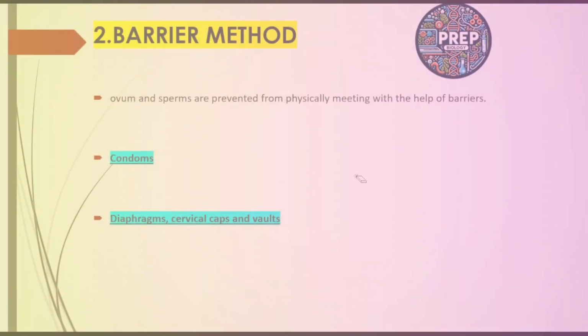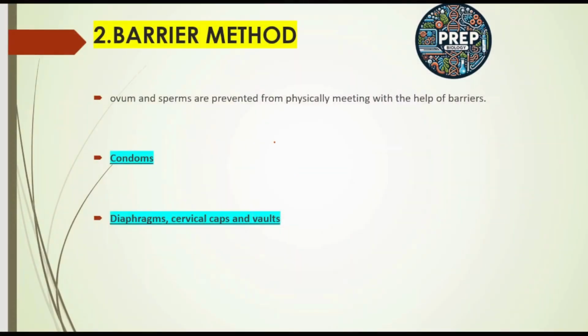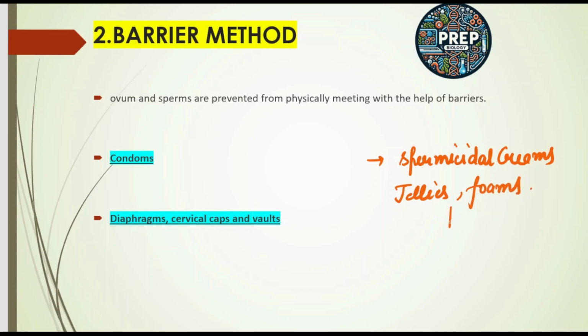If we want to increase the contraceptive efficiencies of the different barrier methods, a couple can use different spermicidal creams, jellies and foams, so that the efficiencies of all these barrier methods are increased.